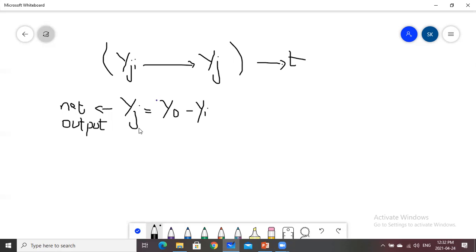Now if j is positive, if this j is some positive number, then the firm produces more of good j than it uses the inputs. If the value of j is positive, then the value of yj is also positive. Then it means that the firm is producing more output as compared to the inputs.